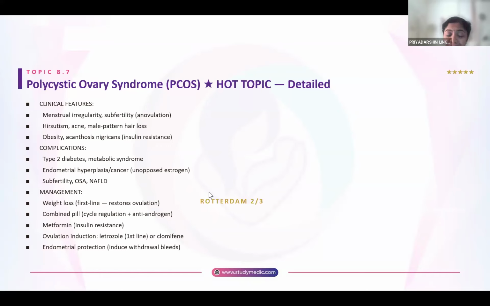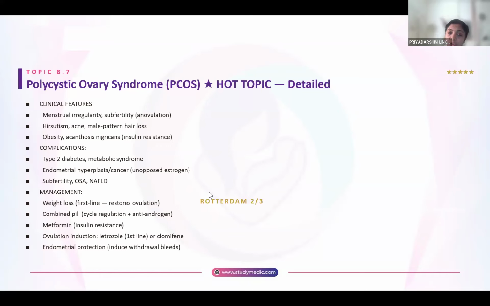Second one is the use of drugs, which is your combined oral contraceptives, metformin, and you will use ovulation induction only if the woman has presented with subfertility. And always remember, endometrial protection needs to be taught in these women because they are at very high risk of developing endometrial hyperplasia, which in turn can turn into endometrial cancer. So these are some important points you need to remember about PCOS.